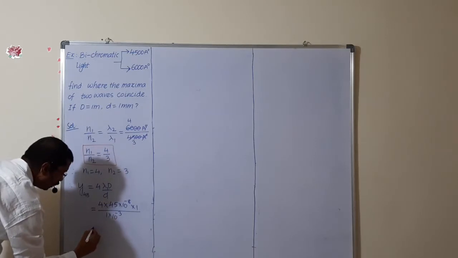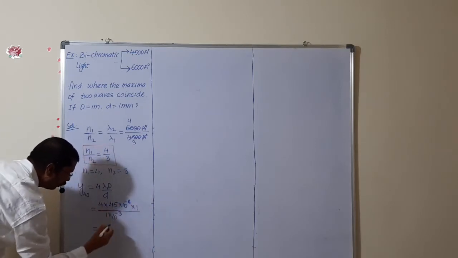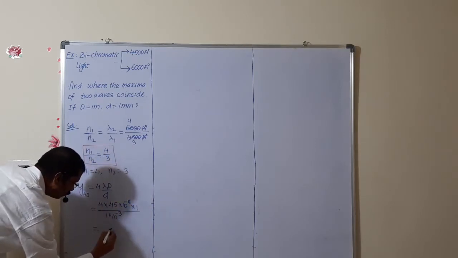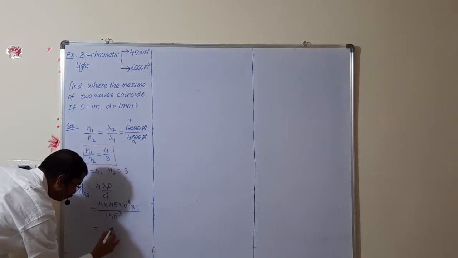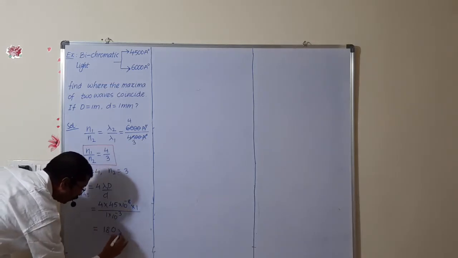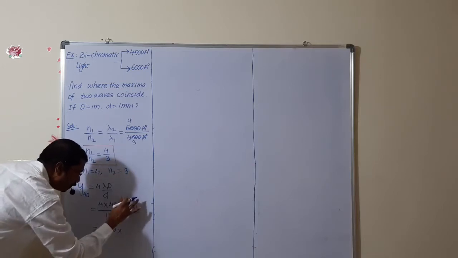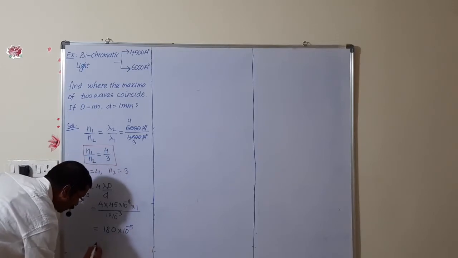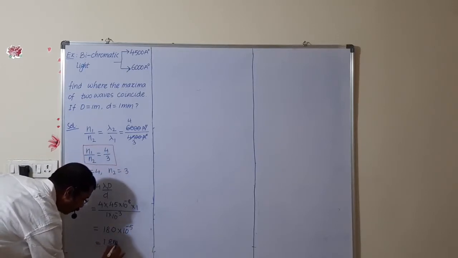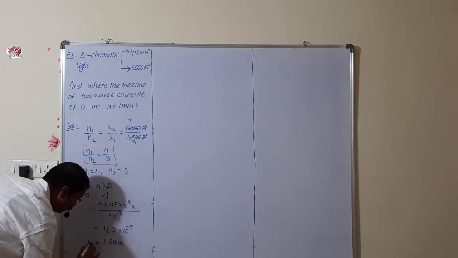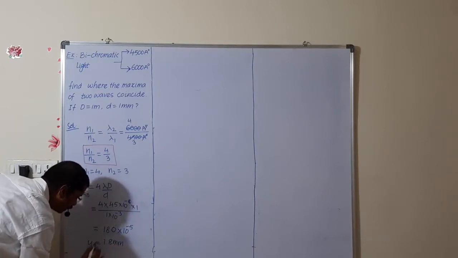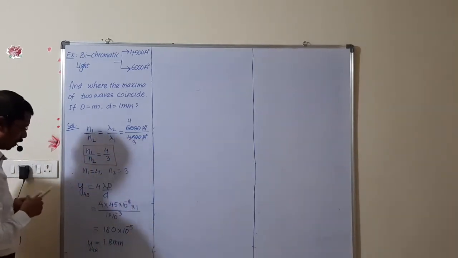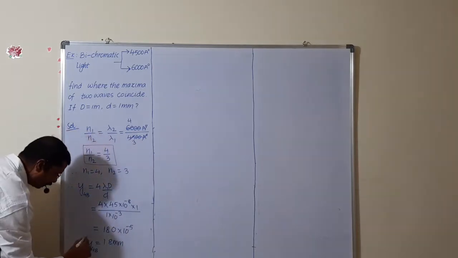Here the value we get is 18 into 10 to the power of minus 4, so the fourth bright fringe is 1.8 millimeter.